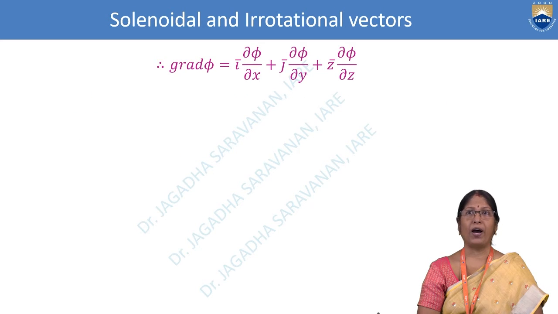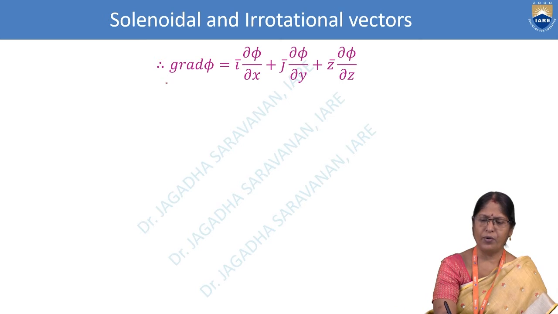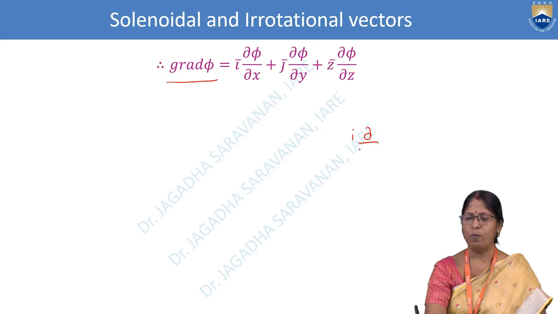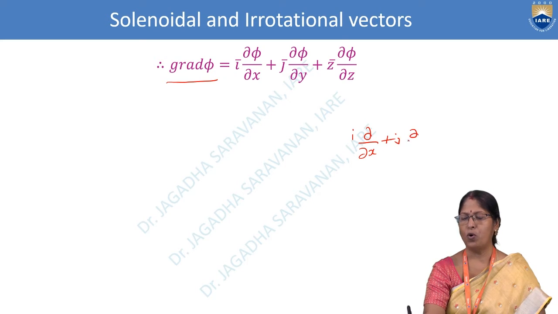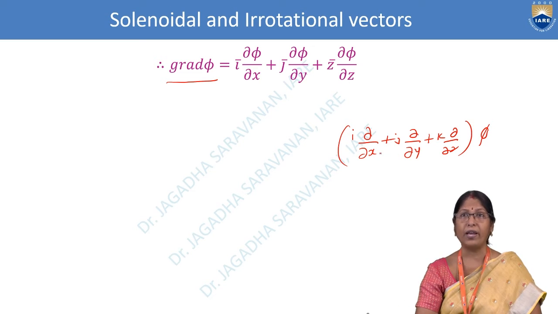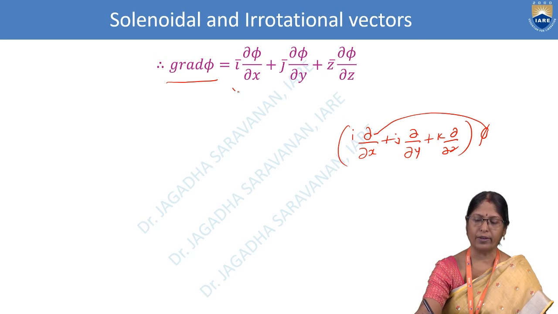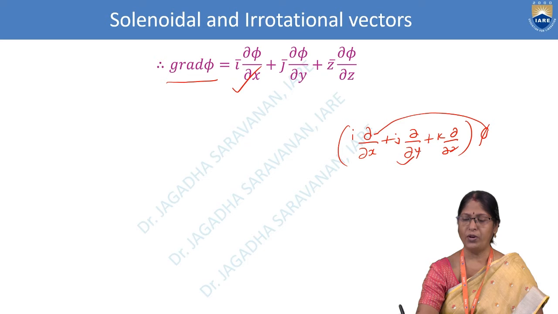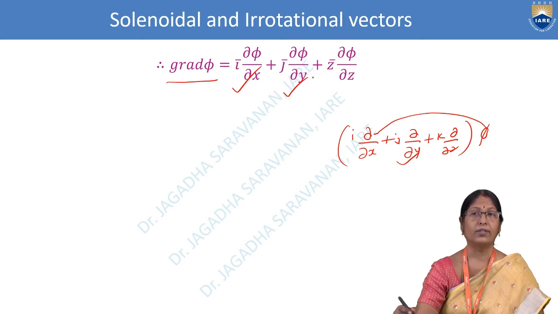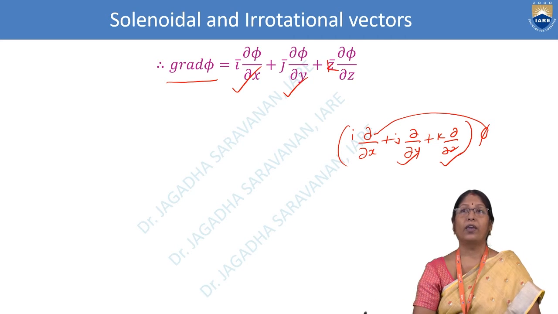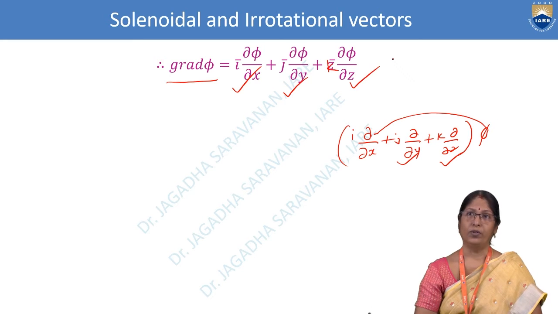Now grad pi we wanted. Grad pi, the gradient, the formula is i dou by dou x plus j dou by dou y plus k dou by dou z of pi. Next, we are taking the pi inside, so it becomes i dou pi by dou x, the first term, j into dou pi by dou y, the second term, and the next one k bar dou pi by dou z.